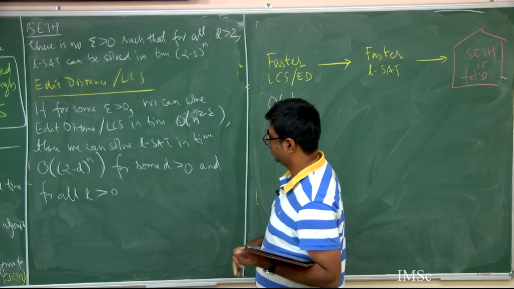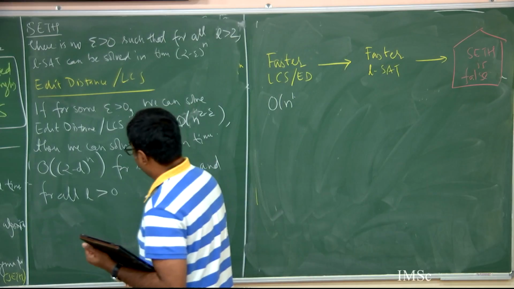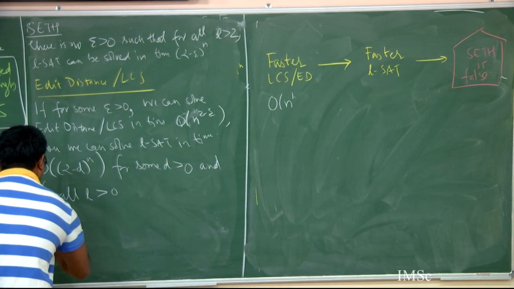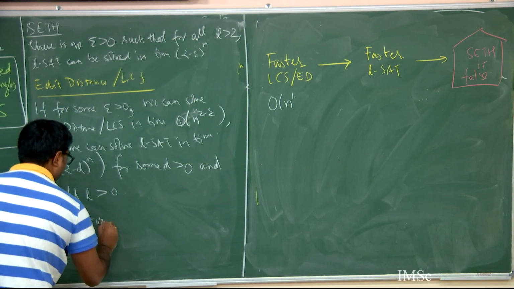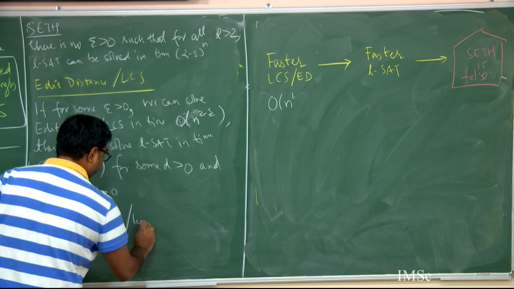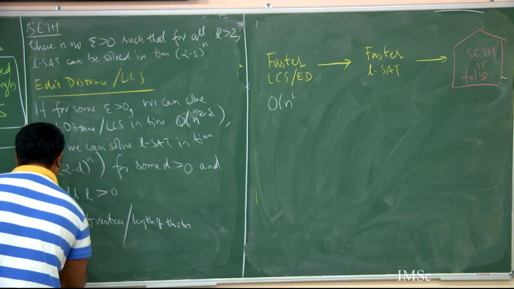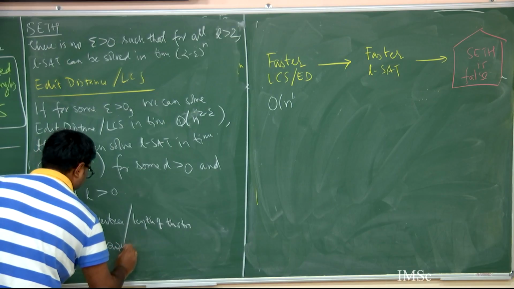So just to have different variables, let us call capital N the number of vertices, or say the length of the string, and small n to denote the number of variables, for now.